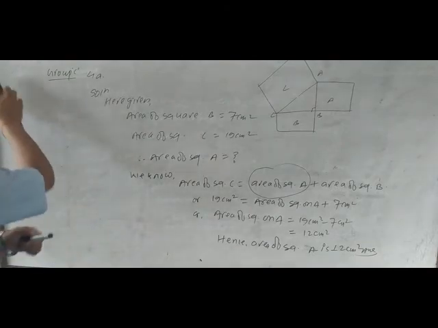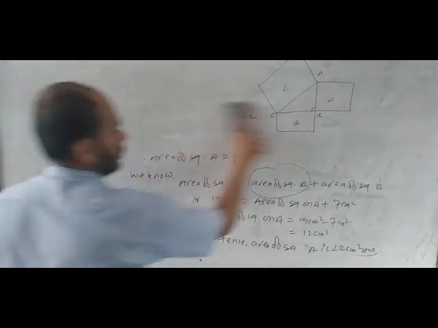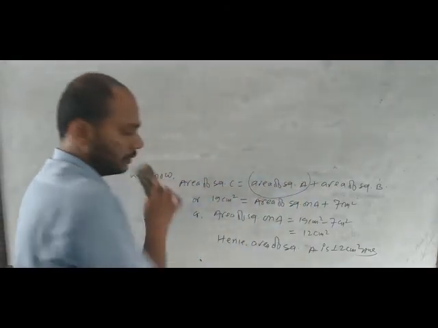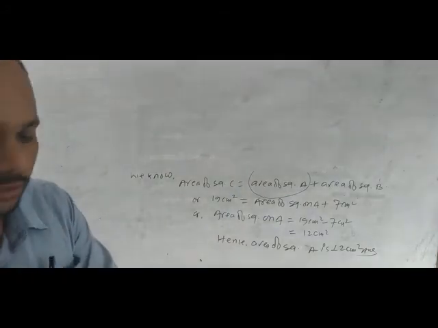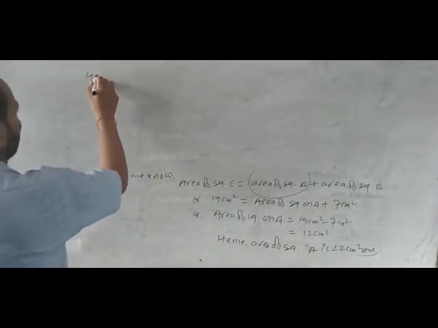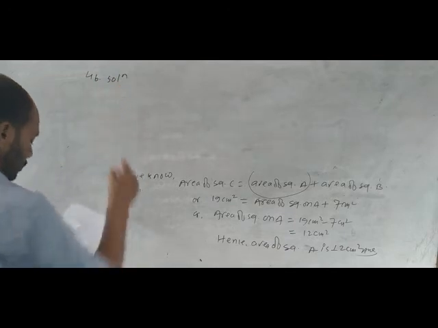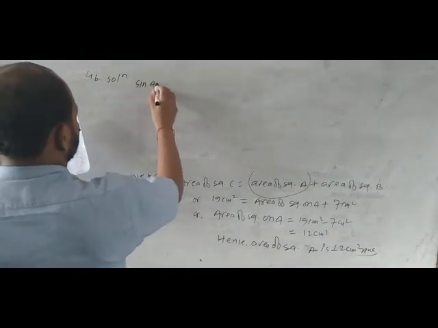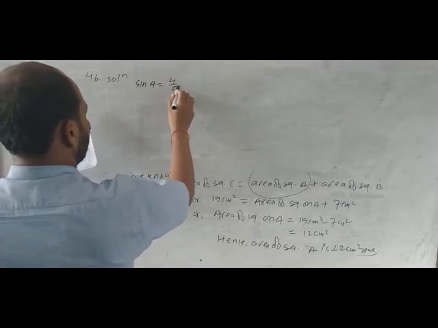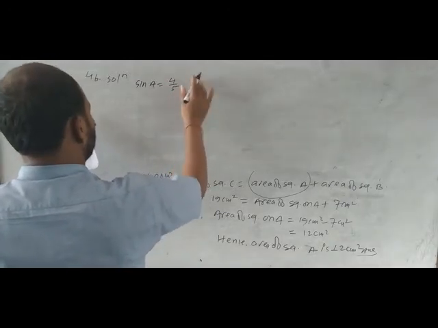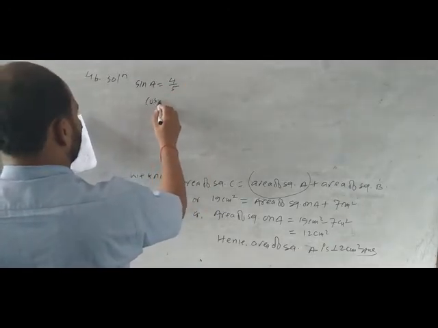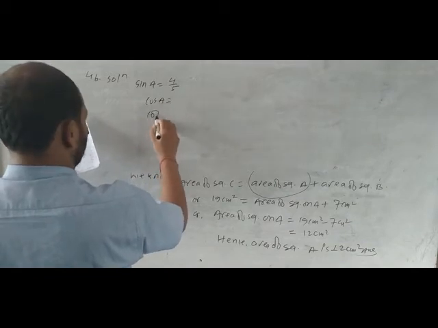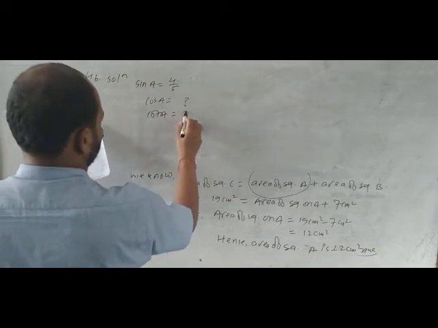Now I am going to erase this. Then in question number 4b, your question says, if here we have sin A is equal to 4 by 5, then find cos A, cot A is equal to what?